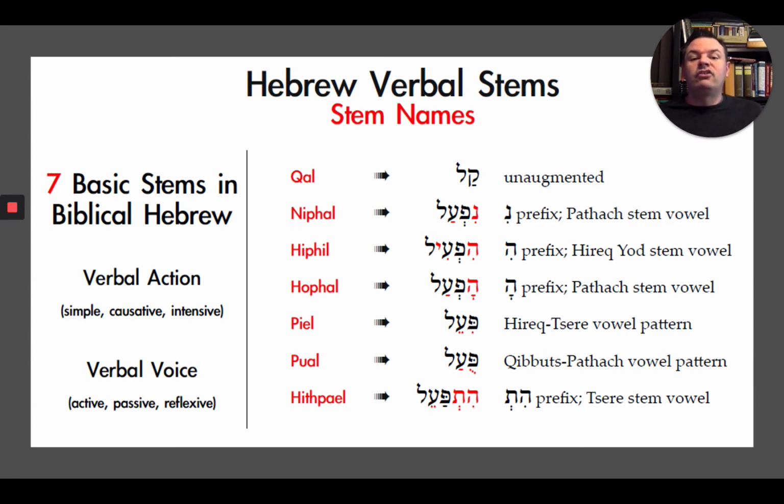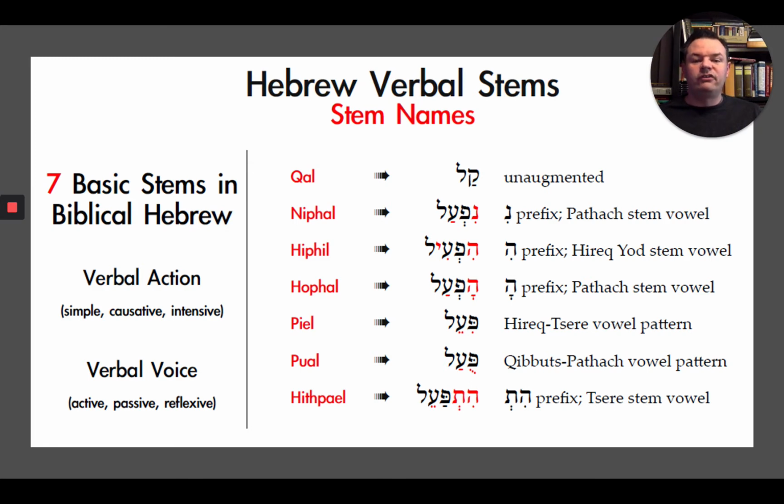It's what is called an unaugmented stem, which means things don't really attach beyond what the verbal form is going to require. There's the Niphal stem, where you're going to have the nun attach, and then a patach vowel attached later. The Hiphil stem is going to have the he with the hireq prefix, and then the hireq yod later on.